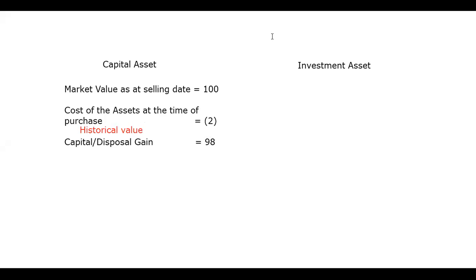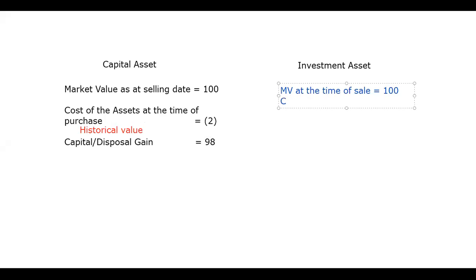Then in the case of investment, it is easy. The market value at the time of sale, let's say 100 million, the same.